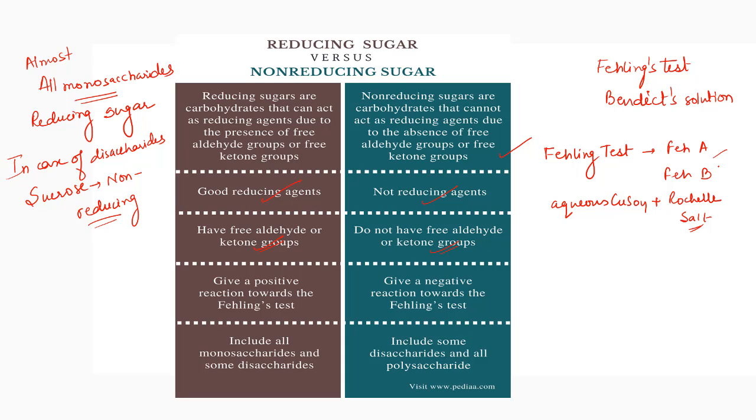When we mix both Fehling A and Fehling B, we get a mixture of aqueous copper sulfate and Rochelle salt.